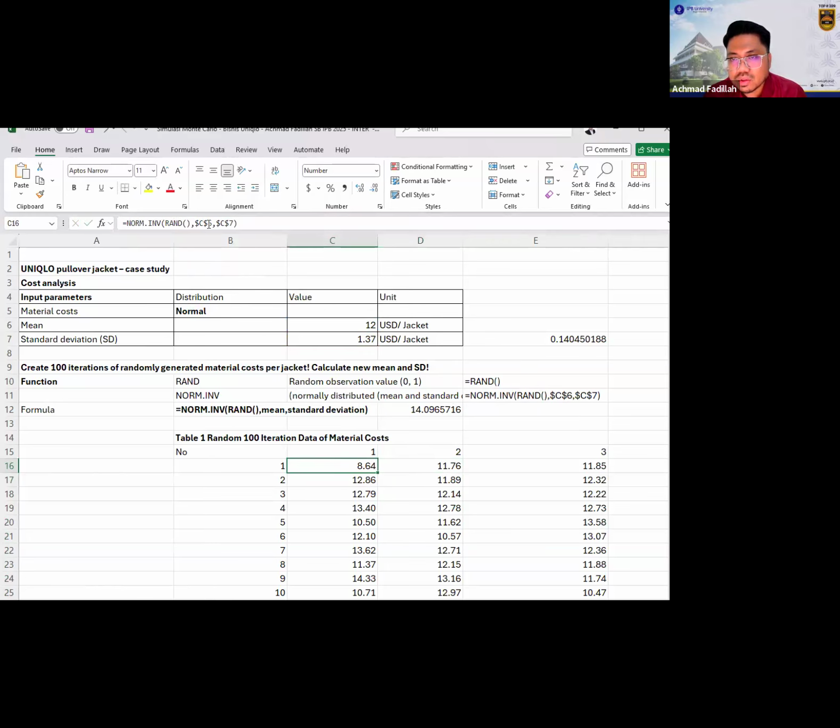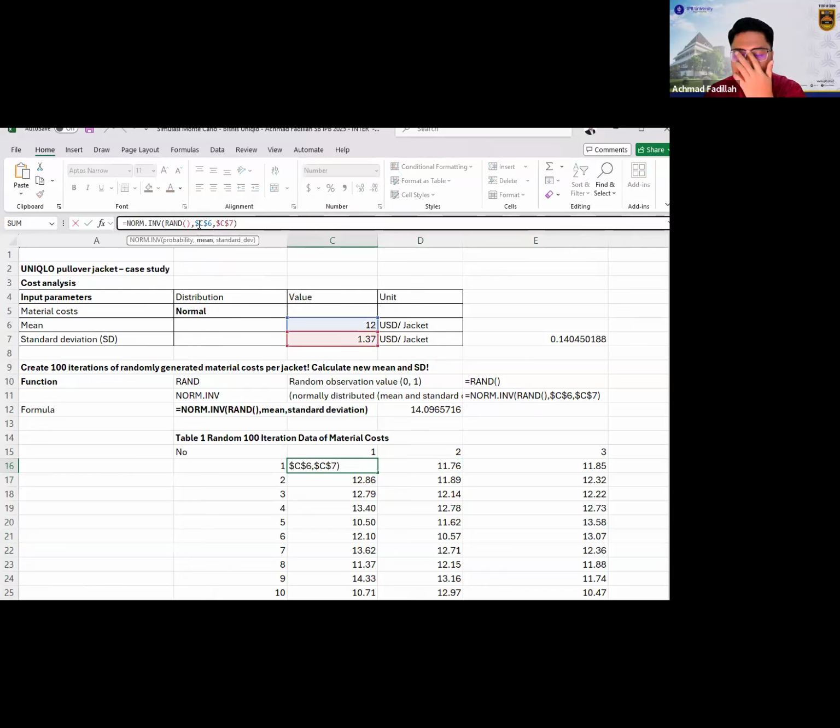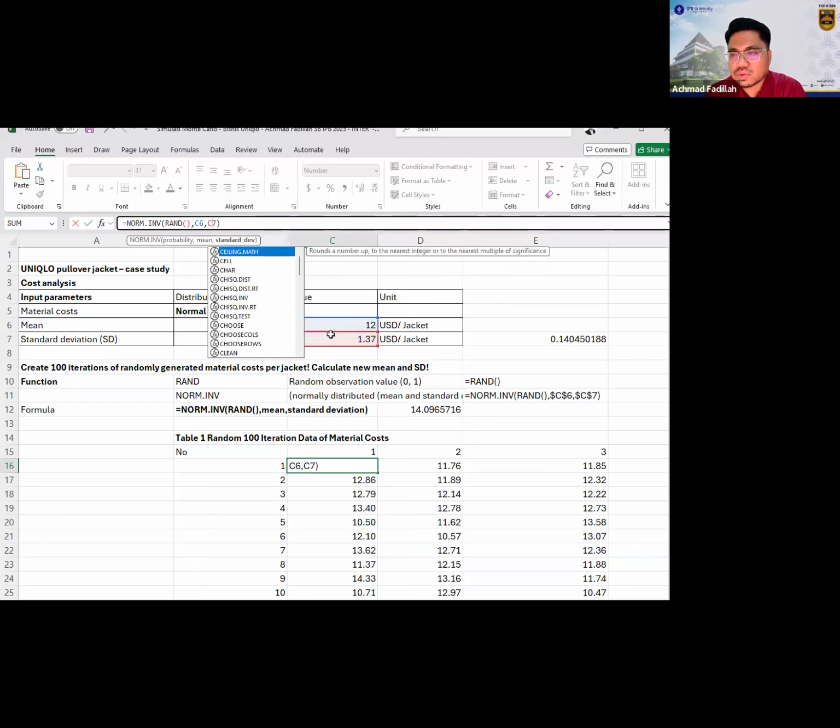Don't forget to put a dollar sign here. If you do not put this dollar sign, for example like this, it is already referred to this, same as before.